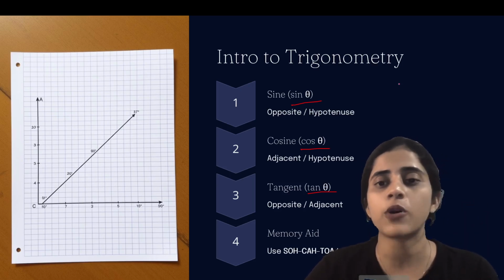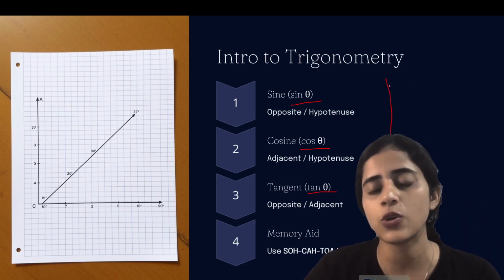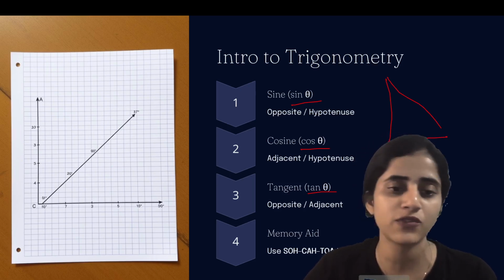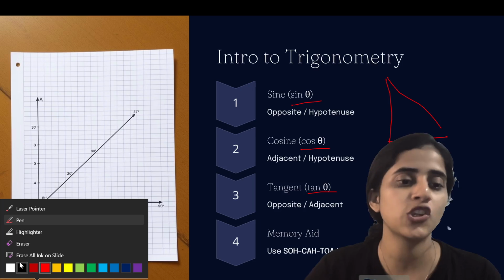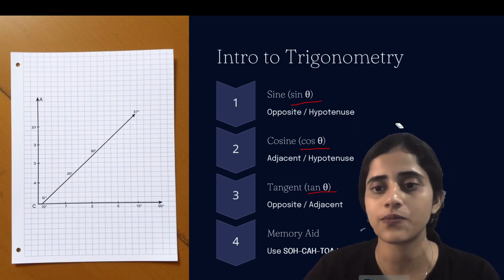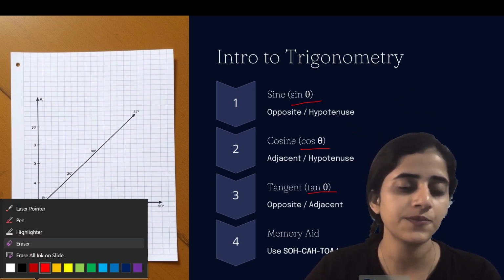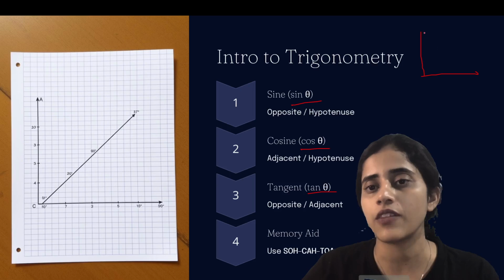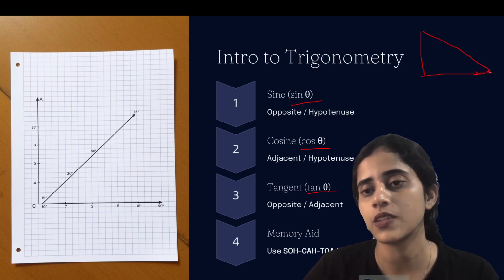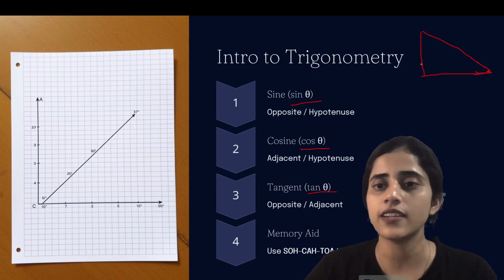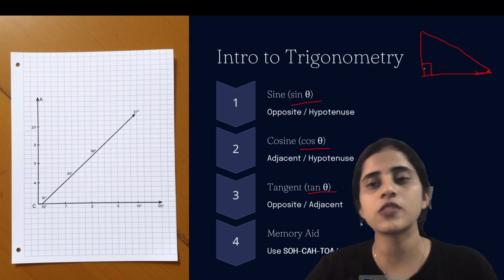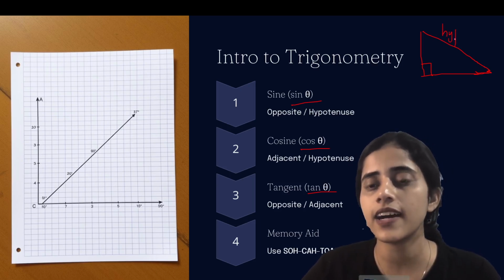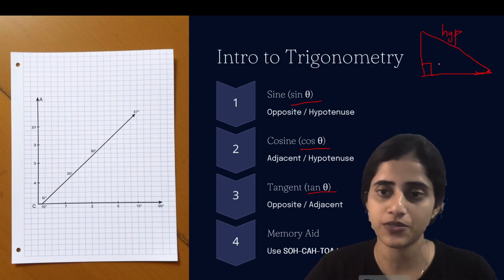Whenever you have a triangle, your maths teachers might already have taught you, but since I'm teaching you basics, I'll teach this as well. So let's say you have a triangle. In this triangle, there is a 90-degree angle. The side opposite to the 90-degree angle is going to be your hypotenuse.